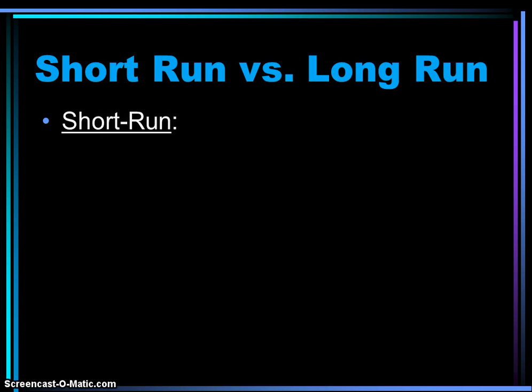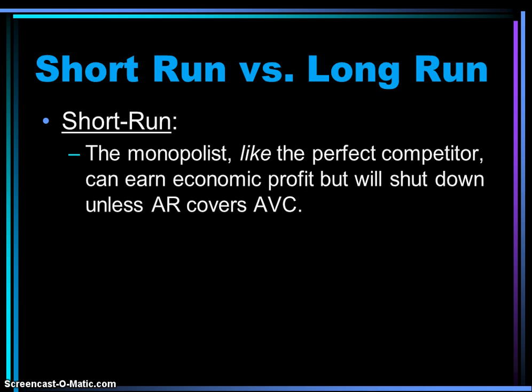Now, quickly here, in the short run, the monopolist, like a perfect competitor, can earn economic profit, but will shut down unless average revenue covers average variable cost. More often, a monopolist is going to earn profits even in the short run because they don't have competition.